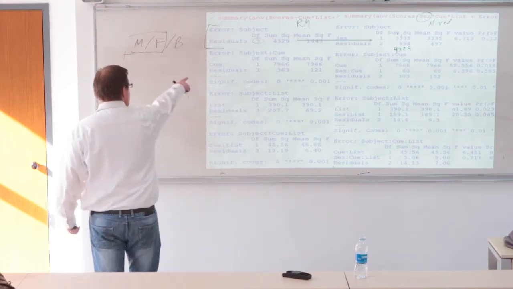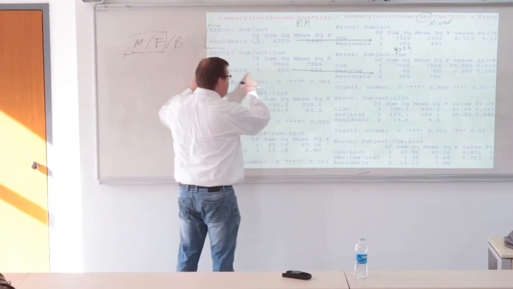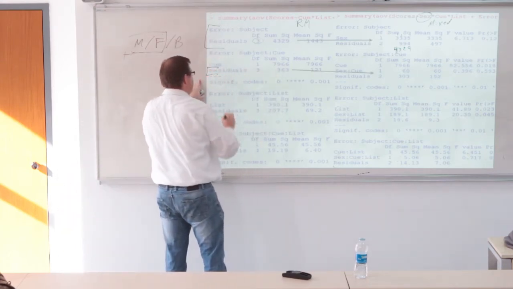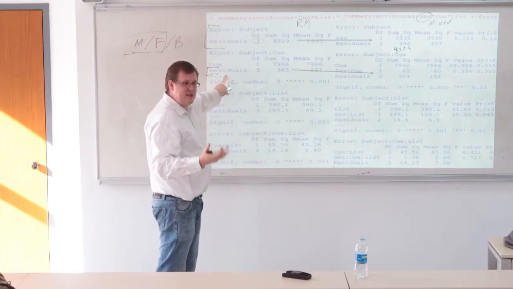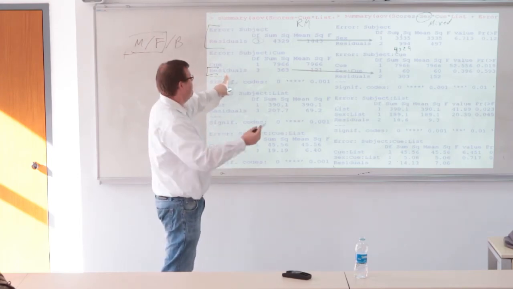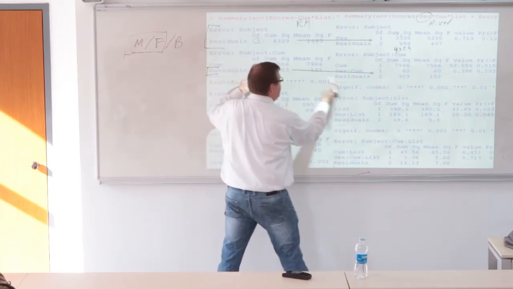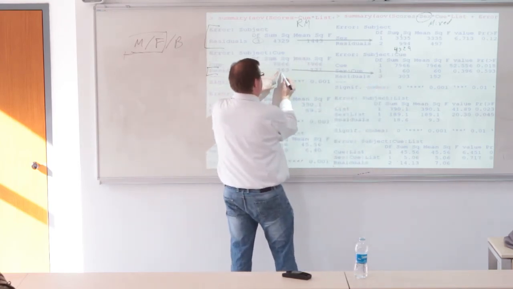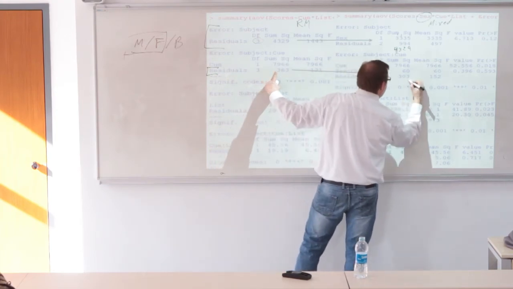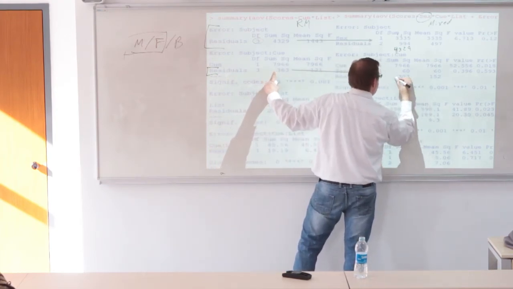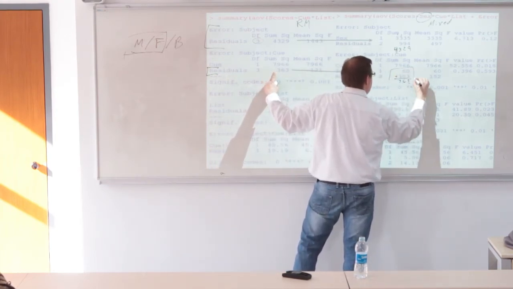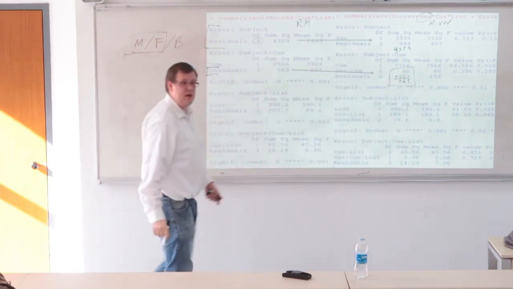And if you look down here, the residuals, this error part that previously was just about subjects, now we have subjects and sex, so we are breaking this up. We had 3, now we have 1 and 2. We had 363, now we have 363.